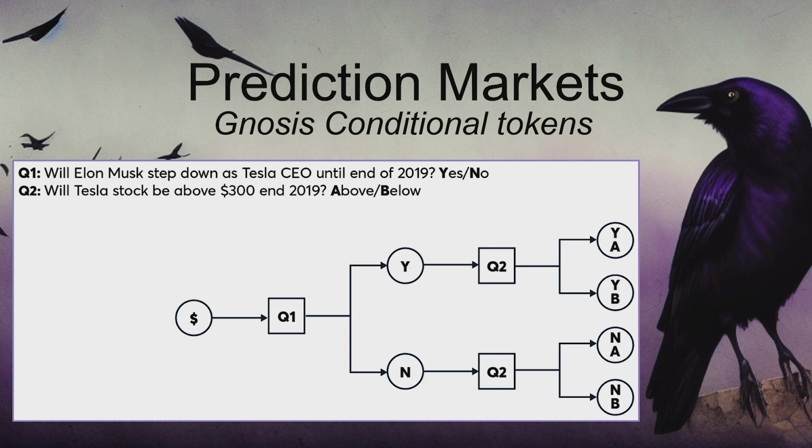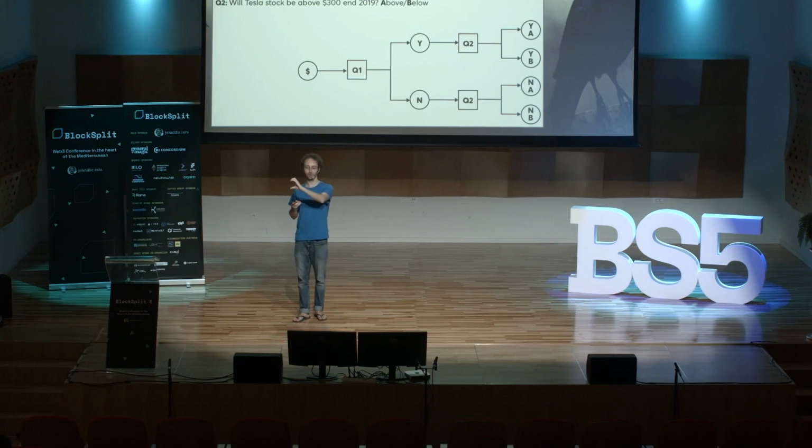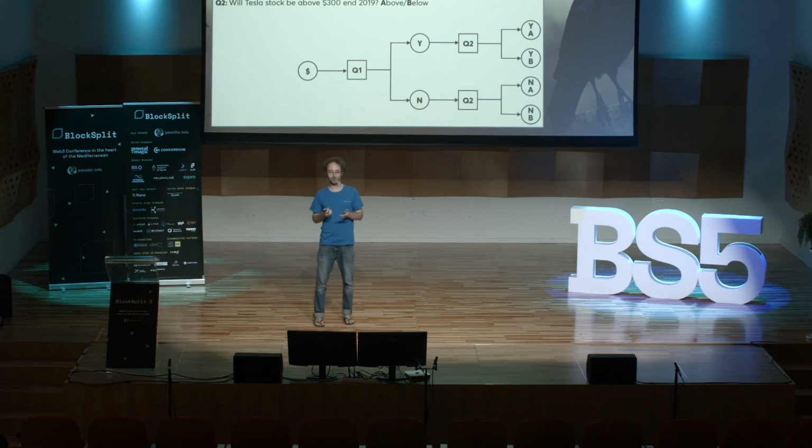But now we can ask another question. Will the Tesla stock be above 300? And we put this yes DAI into this new market. And now we have a token which would redeem if Elon Musk steps down and the price of Tesla stock is above 300. Why is that very interesting? Now we can do conditional probabilities.